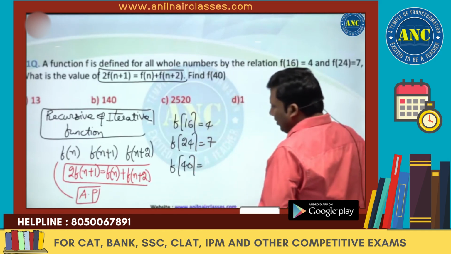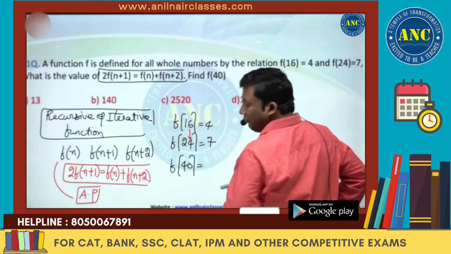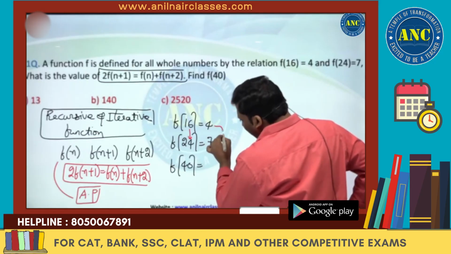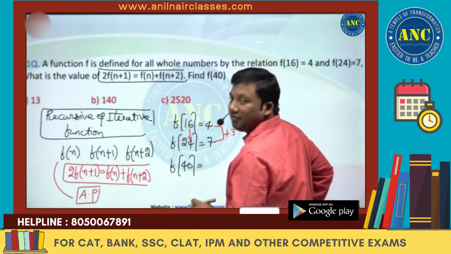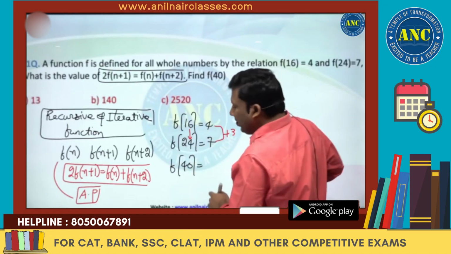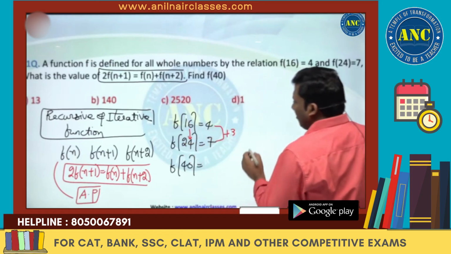Now, let us analyze it. F of 16 became f of 24, so the argument is increased by 8. F of 4 became 7, so the function value increased by 3. The argument is increased by 8, this increased by 3.